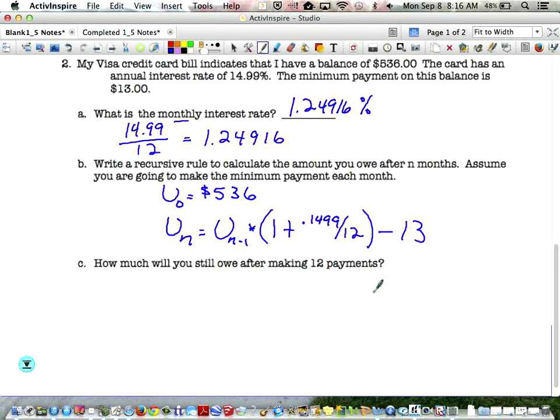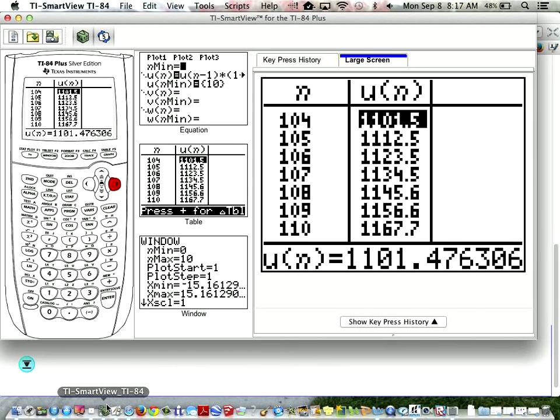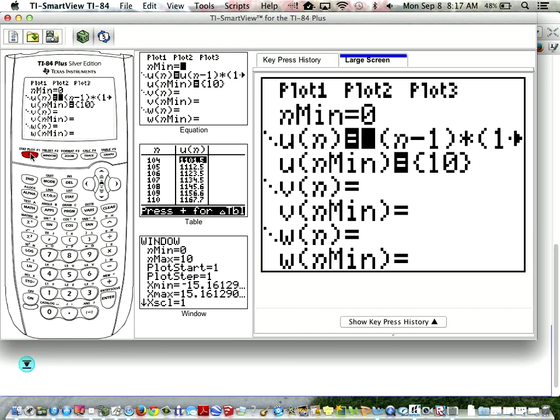So how much will you still owe after making 12 payments? We're gonna do this for 1 year. Hitting it 12 times, probably on an exam you could count 12 and be accurate, but I'm gonna put it in so we can take a look.